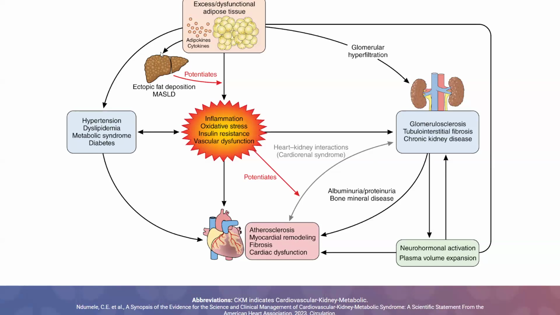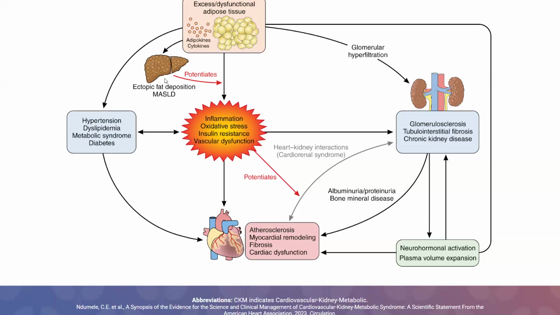So the liver disease, the metabolic abnormality associated fatty liver disease. I think they've changed the acronym to MASLD now. It's a form of ectopic fat deposition outside of fat depots, leading to and potentiating systemic inflammation.